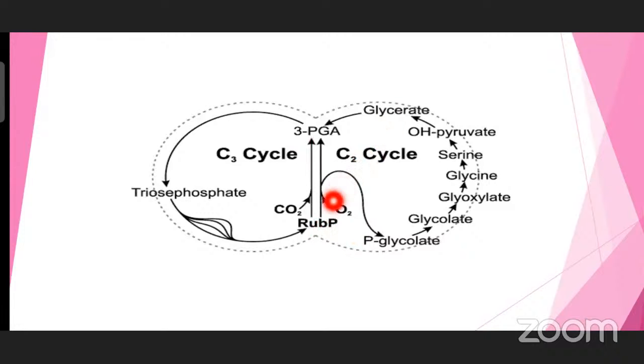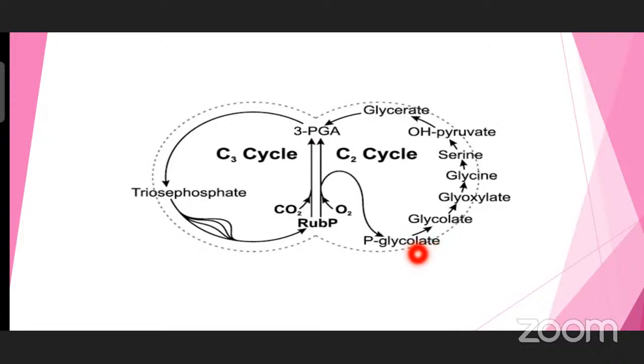Whereas in the C2 cycle, this RUBP is combining with oxygen. So when it combines with oxygen, 1 PGA will form. That will go for the regeneration process only. But the other compound is phosphoglycolate, a 2 carbon compound.